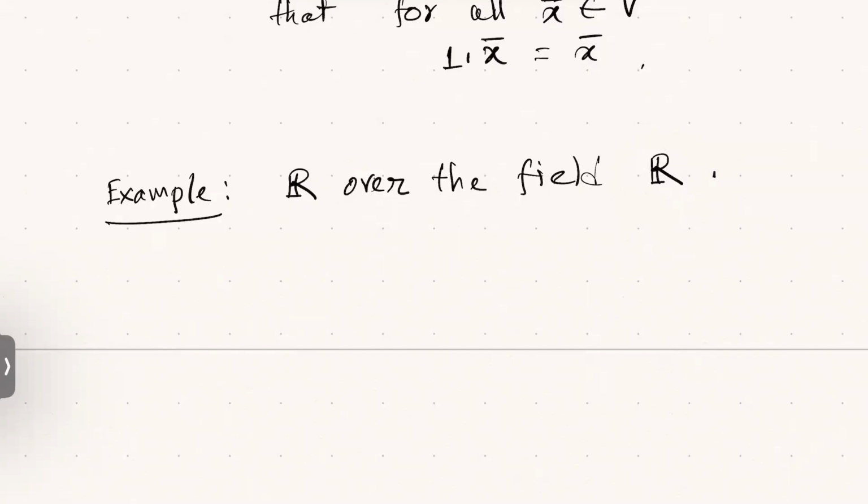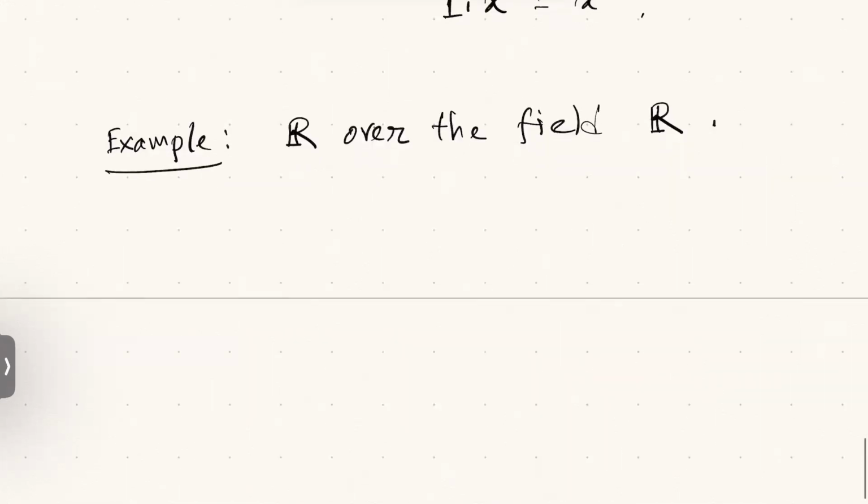And what is the structure? It is a field structure. So it is a field. Now, if we equip this set R with the usual addition of real numbers and the multiplication, then this is going to be a vector space.